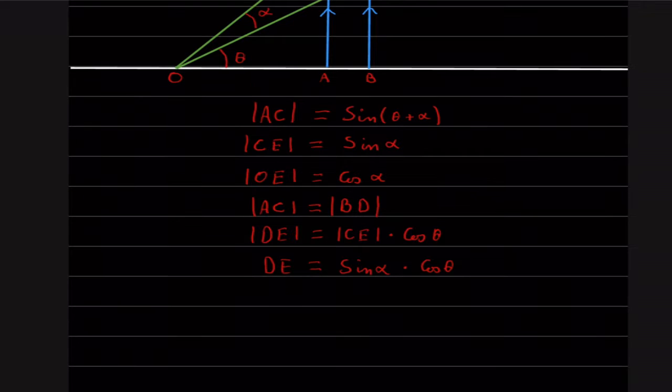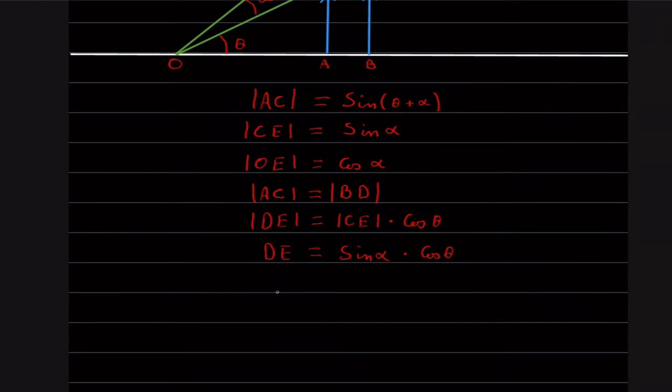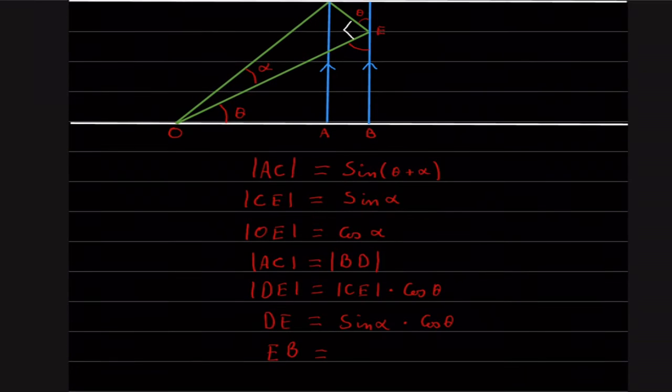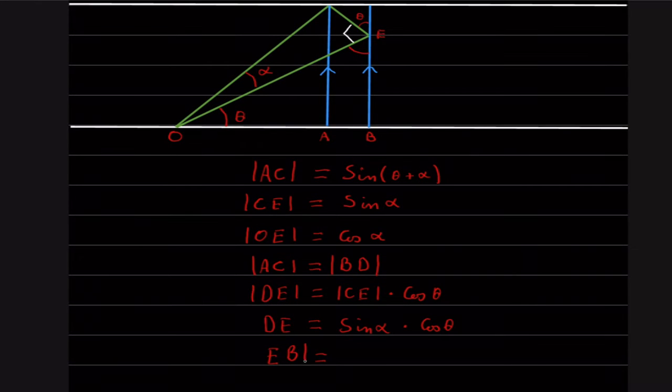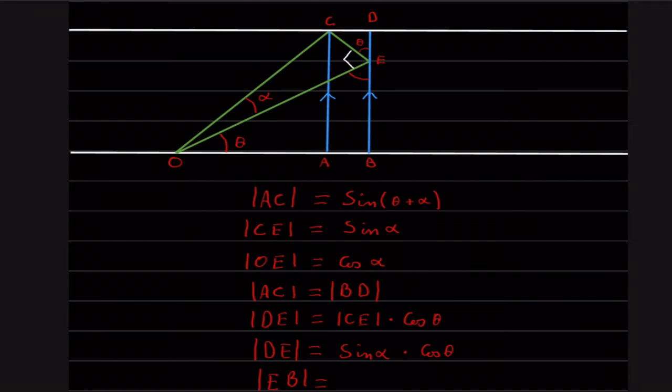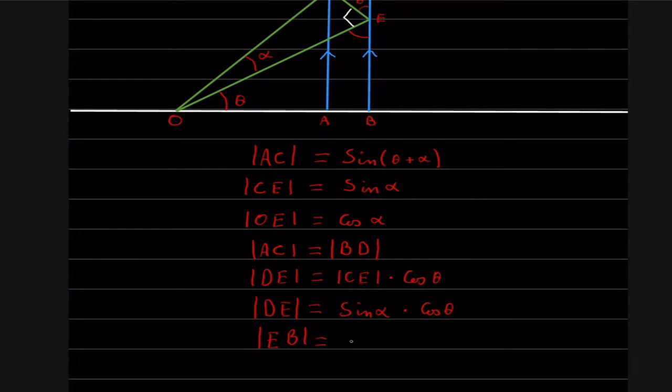So EB, the hypotenuse is OB. Sorry, I forgot to put my magnitude signs. EB is the hypotenuse, OE rather, times sine theta.